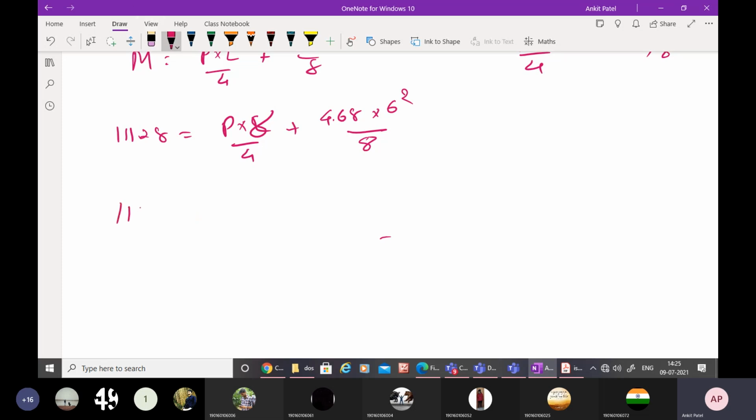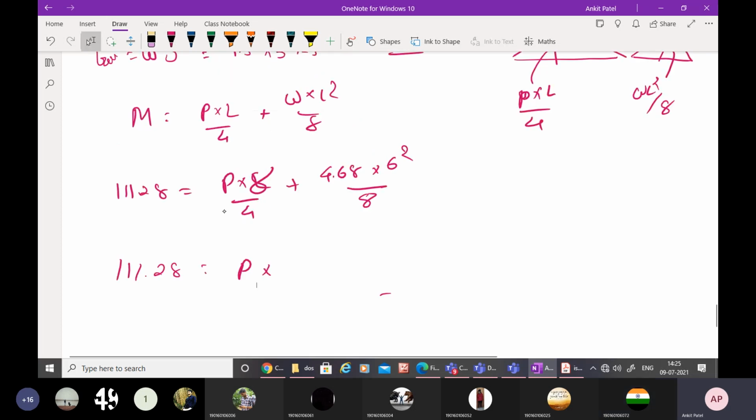So this is 111.28, that is equals to P. Yes, L is your 6, we have used 8, this one is our error. We have to take 6. So this is my 6. Yes, exactly. So P into 6 by 4.